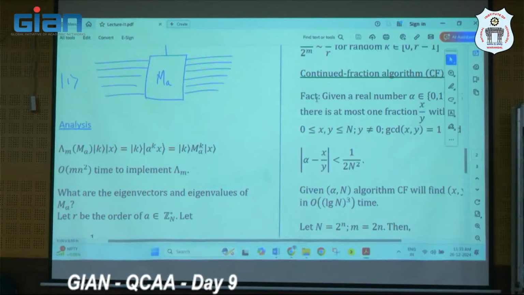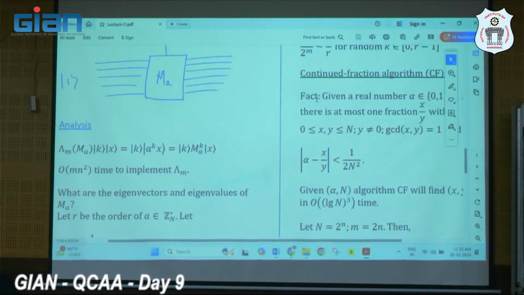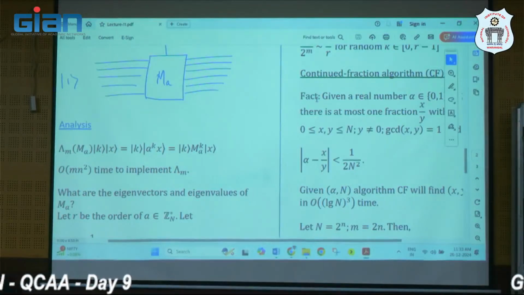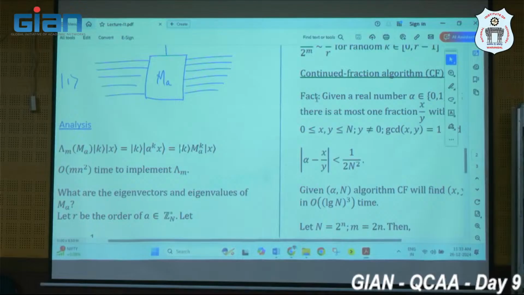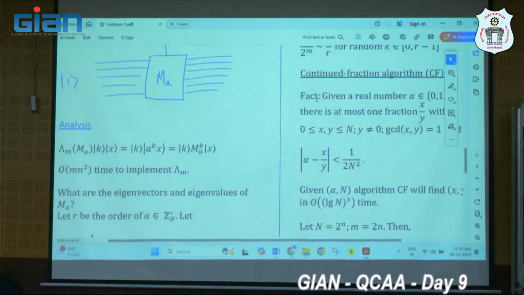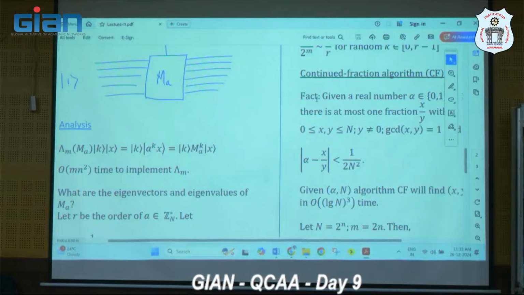Okay. Now, let us do the following. So, what is the time for this? Remember, we said we can do this because k is a number from 0 to 2 to the m. We can do it in order m recursive multiplications, correct?